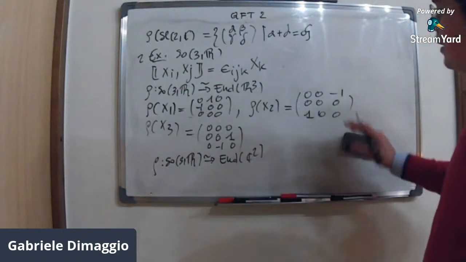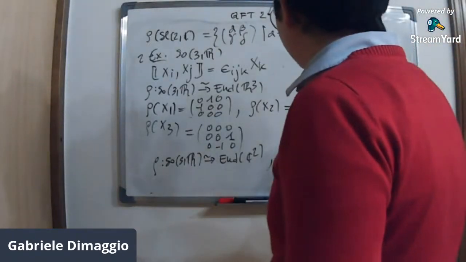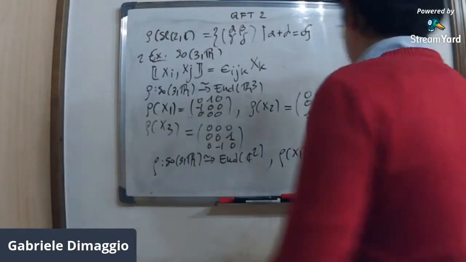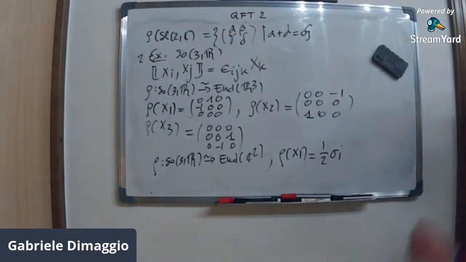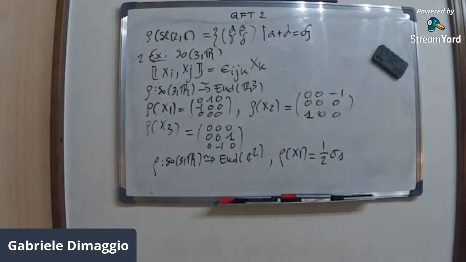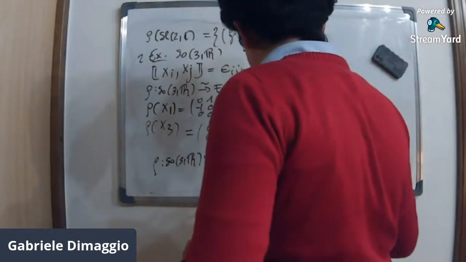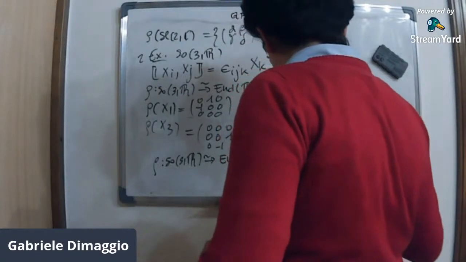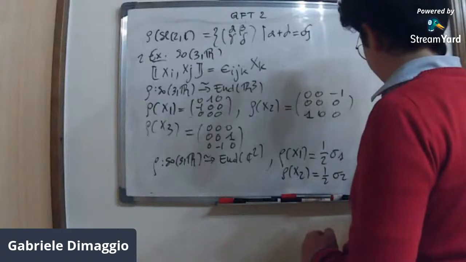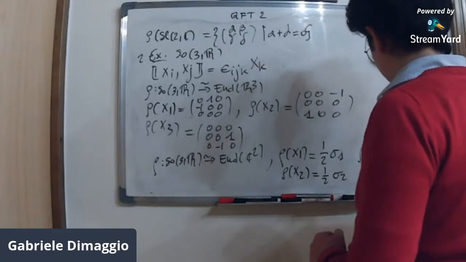Okay, and in this case, I have rho of x1 is equal to 1 over 2 sigma 1. What is sigma 1? Rho of x2 is equal to 1 over 2 sigma 2, and rho of x3 is 1 over 2 sigma 3.